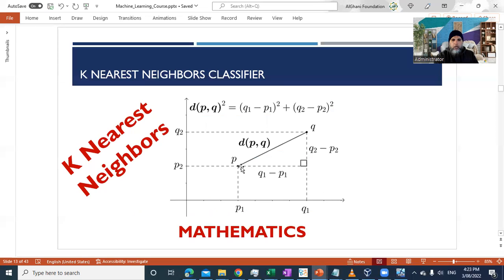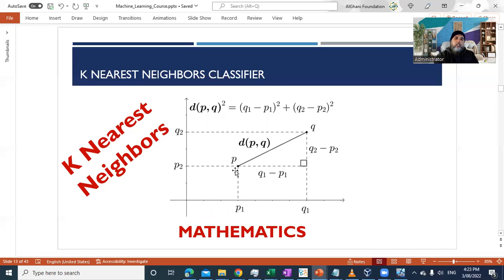Assume that from point P, if we draw a perpendicular line, it connects to the x-axis at point P1. Just give it a name. And then if we draw the same straight line from point Q, let's say that's point Q1.